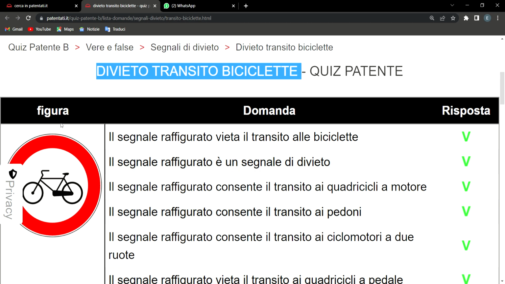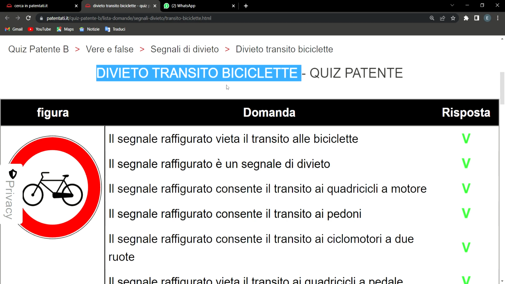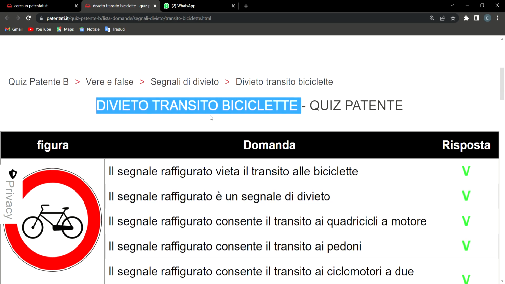So before we move to the quiz, let me make a little explanation on what this very term is all about.